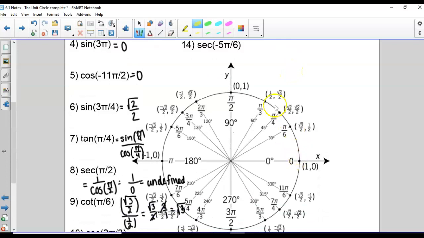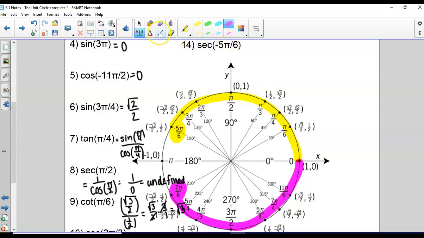So 5 pi over 6 is right here. So negative 5 pi over 6 is going to be that same distance in the opposite direction. Or if we want, we could think negative 5 pi over 6 plus 2 pi. It's going to give us 7 pi over 6.